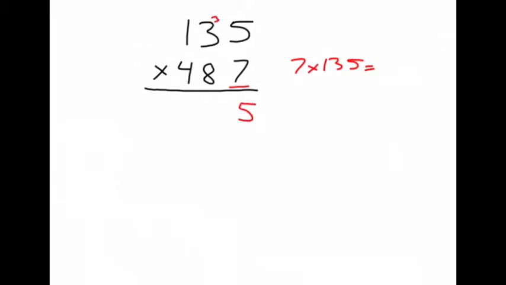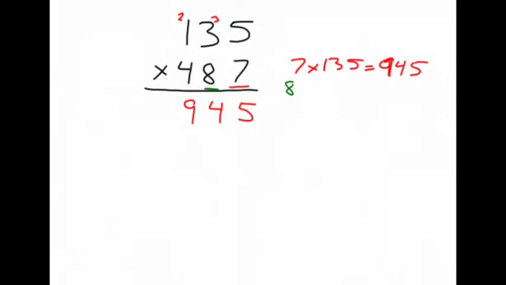Regroup the 3. 7 times 3 is 21. Plus 3 is 24. Regroup the 2. 7 times 1 is 7, plus 2 is 9. So 7 times 135 equals 945.